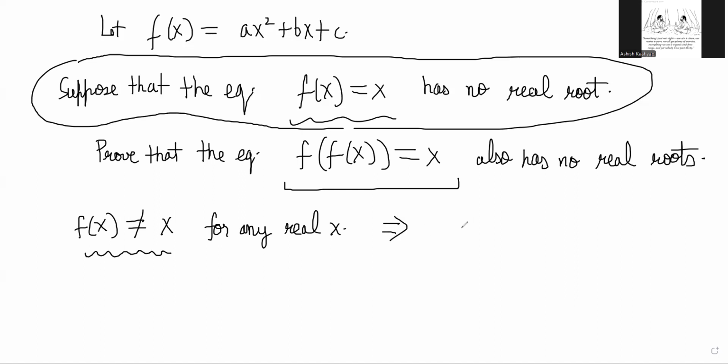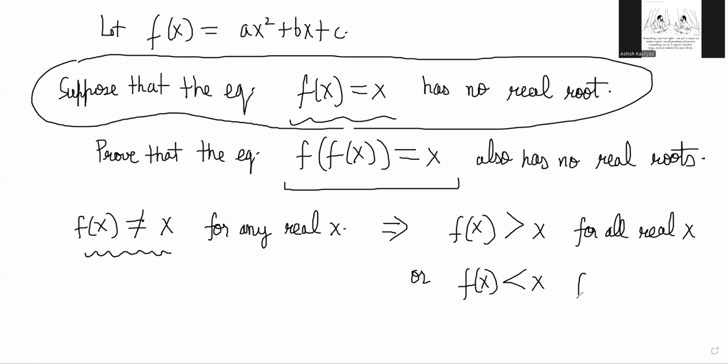From here, you can say that f of x is either greater than x for all real x, or f of x is less than x for all real x. Can't be equal to x because then it will have real roots, right?